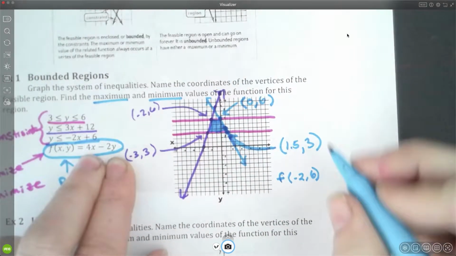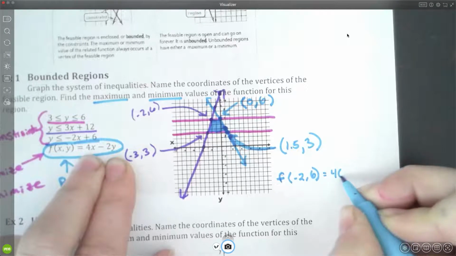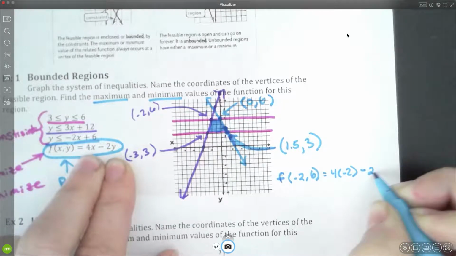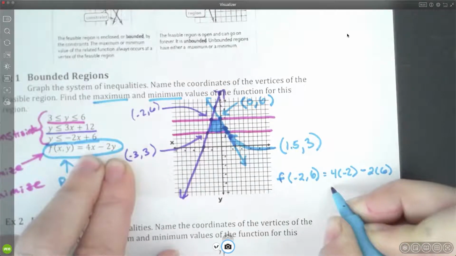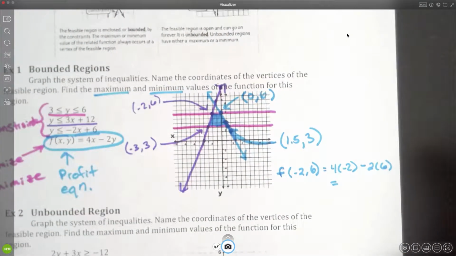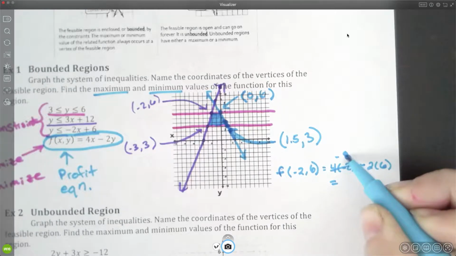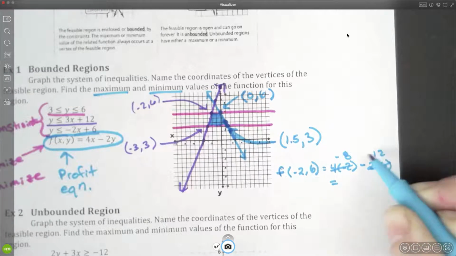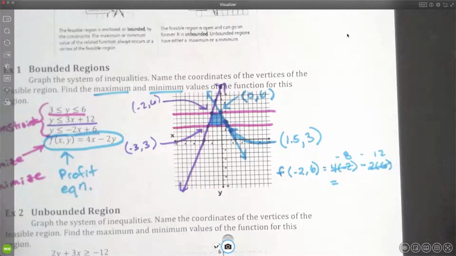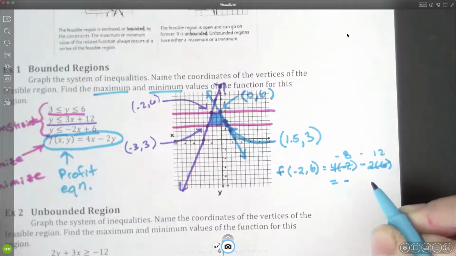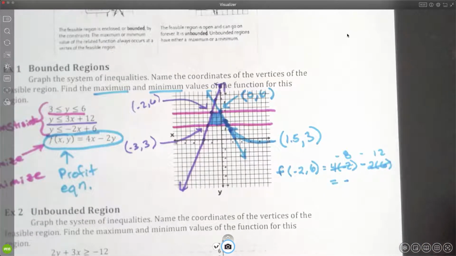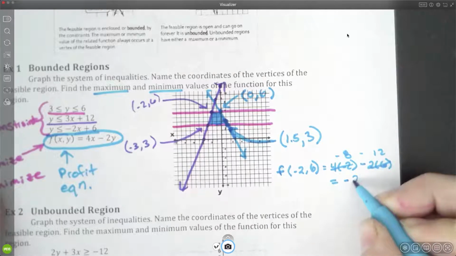So this is 4 times -2 minus 2 times 6. Okay, we'll figure out what that guy is. So 4 times -2 is -8. 2 times 6 is 12, and we're subtracting 12, so that is -8 minus 12. -20, okay? So that gives me a -20.